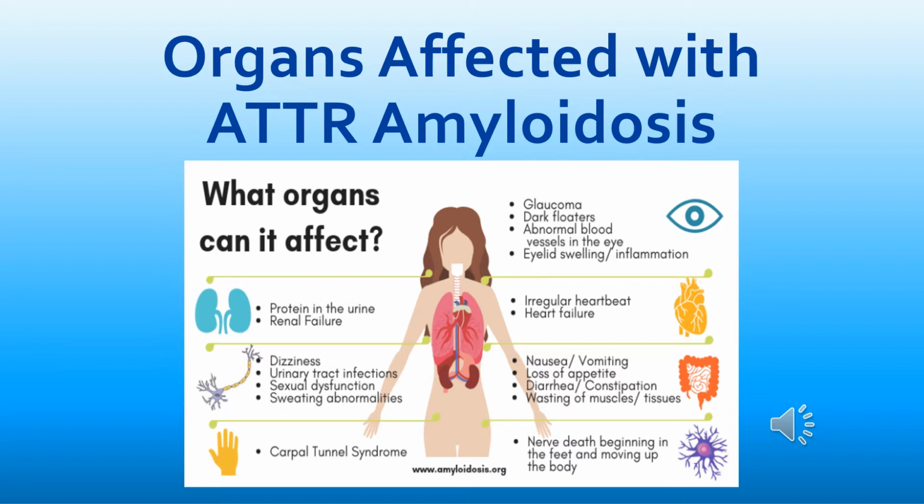Of course, we talked in the past that the swelling in the ankles can be if they're losing more protein than what they have in their blood, or if they've got proteins that are so large that they can't pass them anymore, it can set them up for renal failure and they'll have to go on dialysis. We also talked about the fact that you can drop off the amount of urine that you're putting out and get to where you're not putting out any, because the size of the proteins blocks the kidneys from being able to do their job and filter out all of the toxins in the body and get rid of them.